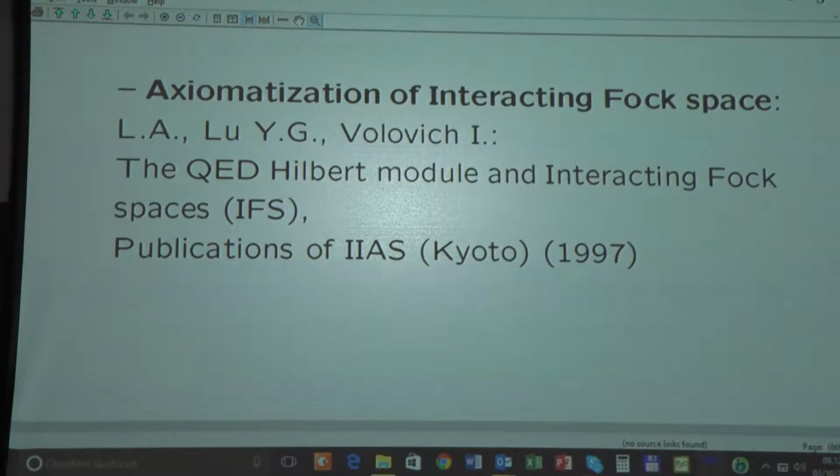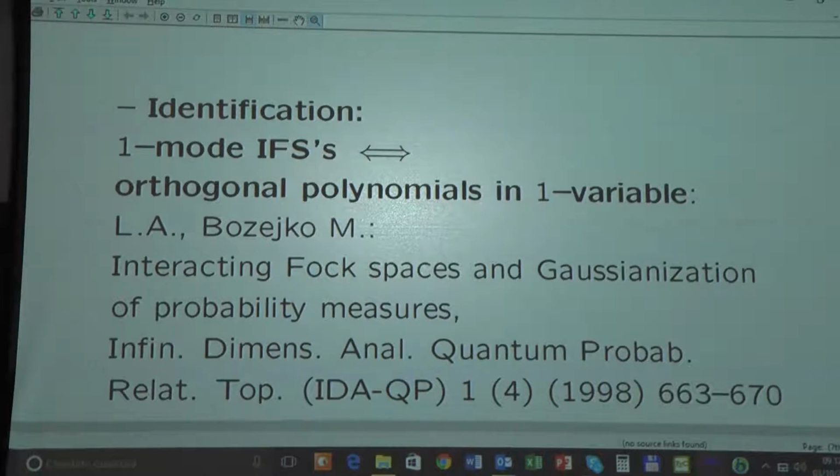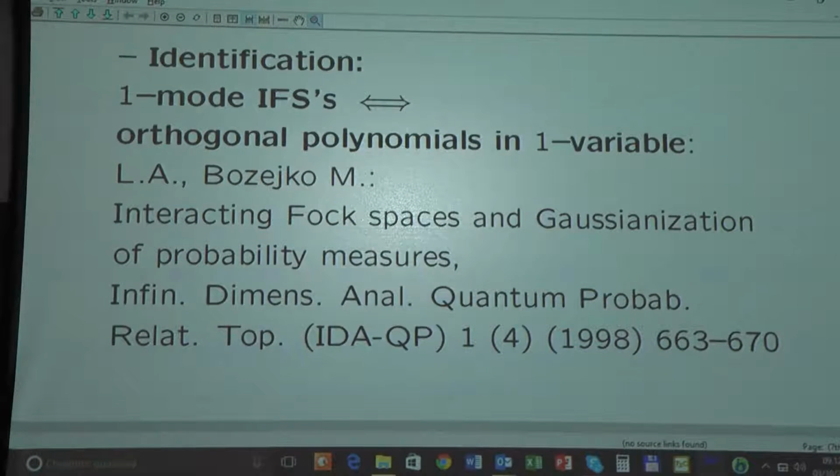A few years later, it was recognized, completely surprising, that this new notion of interacting Fock space was essentially a reformulation of the theory of orthogonal polynomials in one variable. And this came in a joint paper with Bozeico, in which we proved this identification. Of course I have no time to give the details, but I will try to give you the main ideas of this identification, okay?